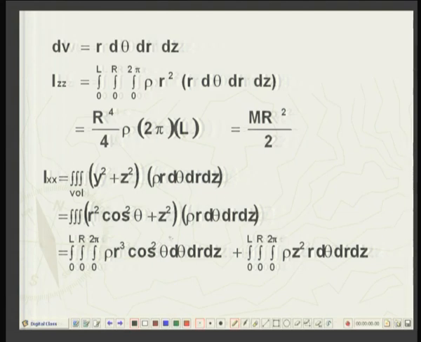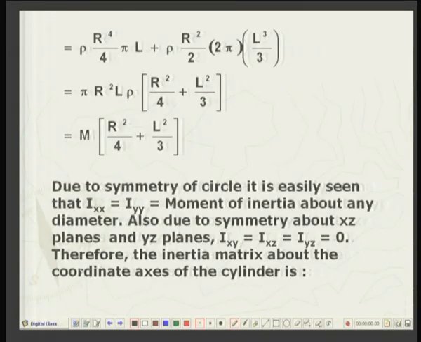If you simplify and carry out the integration, you will have two terms, first the r² cos²θ term and the second z² term. Now I have to integrate them. You will find that the first term will give me rho times r^4 by 4 times πL, plus the second term will give me rho times r² by 2 into 2π into L³ by 3.